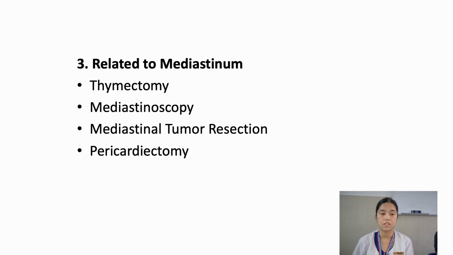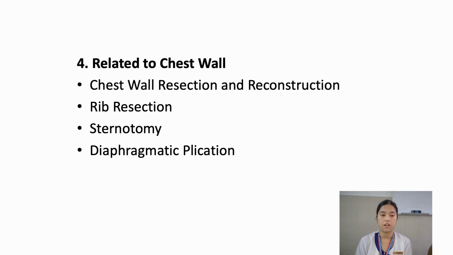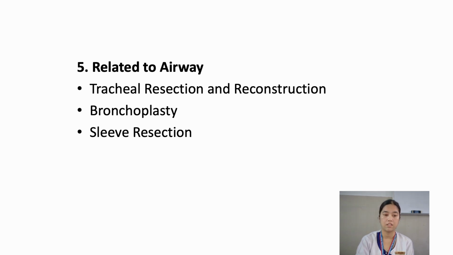Related to mediastinum, there is thymectomy, which is the removal of thymus gland, mediastinoscopy, mediastinal tumor resection, pericardiectomy. Related to chest wall, resection, reconstruction, rib resection, sternotomy, diaphragmatic plication, which is often done for diaphragmatic paralysis.